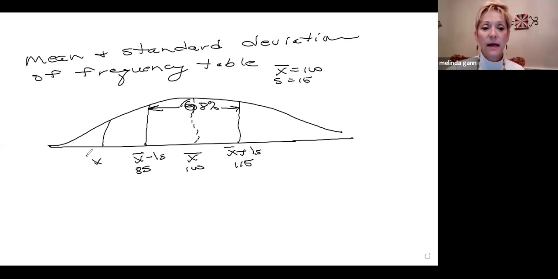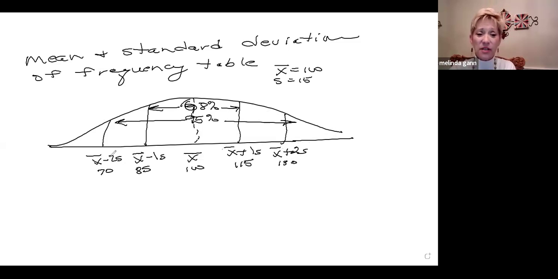If you take the mean and you subtract 2 standard deviations, and you take the mean and you add 2 standard deviations, 95% of your data is going to go between those two numbers. Now you remember you multiply before you add. So if I say 2 times 15 and get 30, when I add that to my 100, I'd get 130. Down here, I'd end up with a 70. So 95% of people have an IQ between 70 and 130.